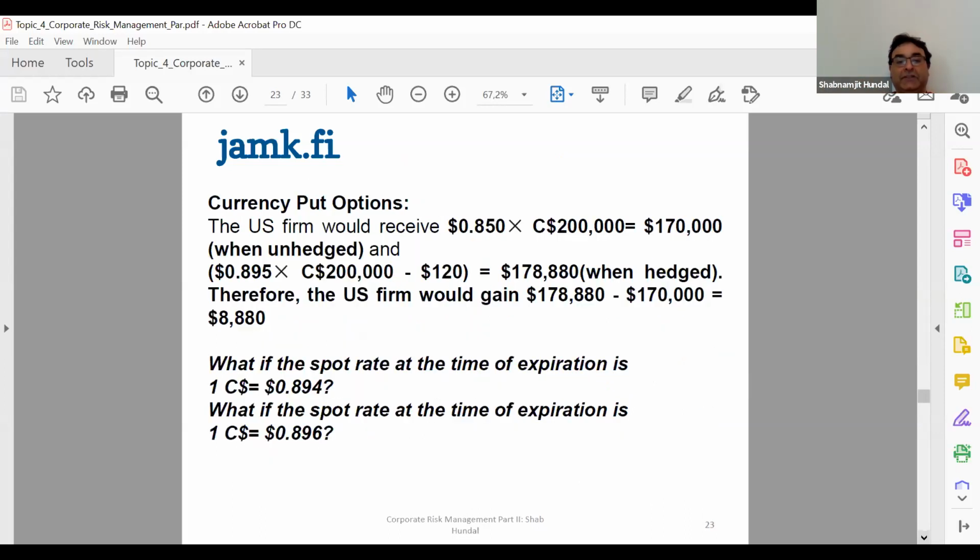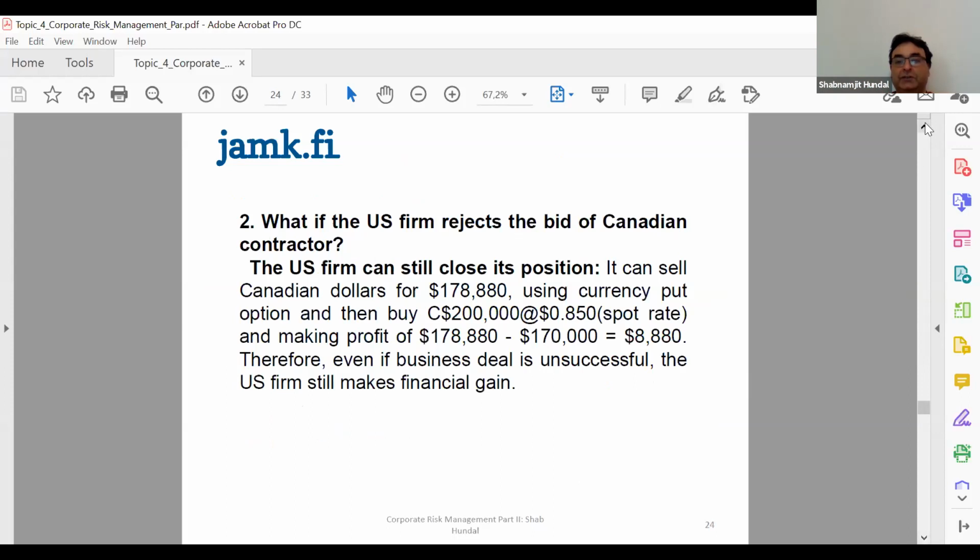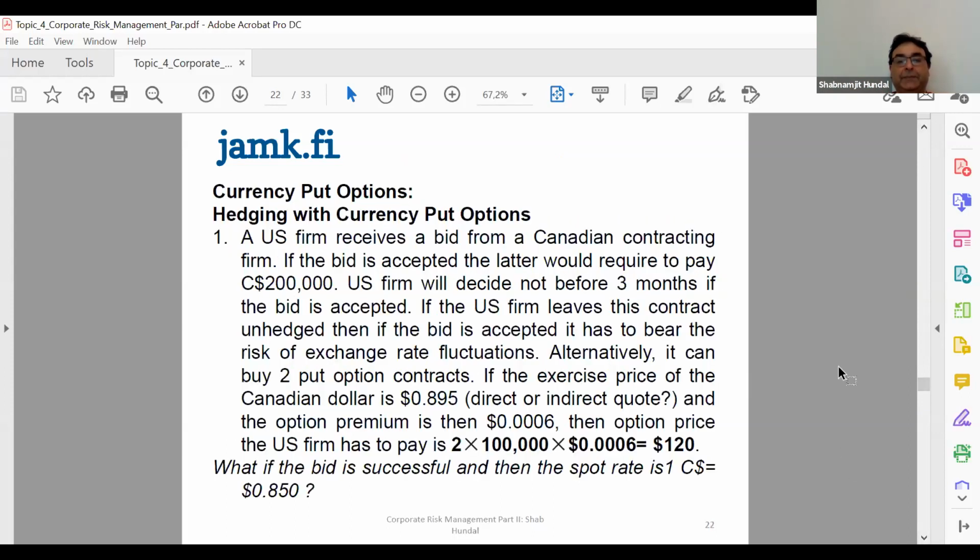This time I make a small change to it. This time you are an American company, of course, based in the US, and your domestic currency is the American dollar. You are going to receive a bid from a Canadian company. The Canadian company is willing to buy you.